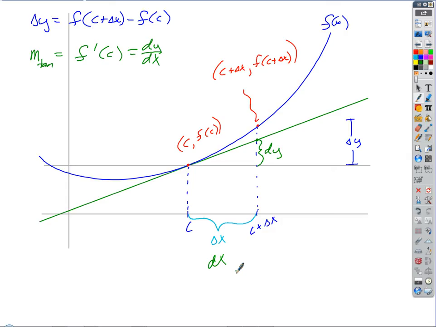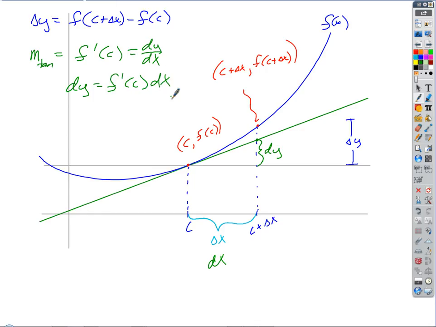Okay, and so then our derivative, dy dx, that's really just equal to f prime of c, isn't it? Right? Agreed? There it is. So if I were to solve that for dy, what is dy equal to in that equation? f prime of c times dx. Okay, now that actually means something in the context of our picture, doesn't it?